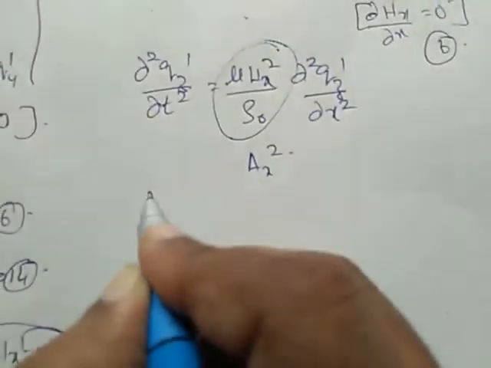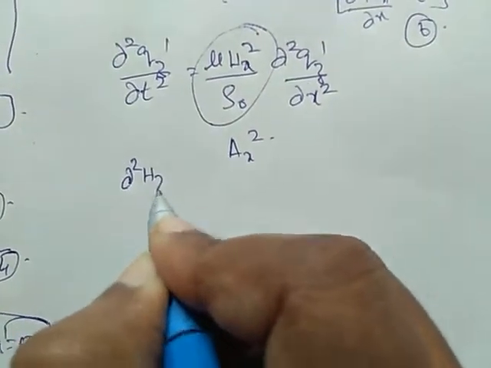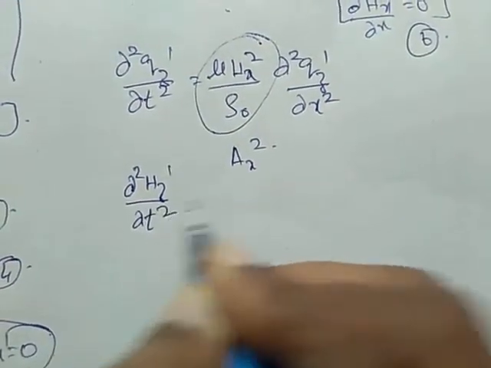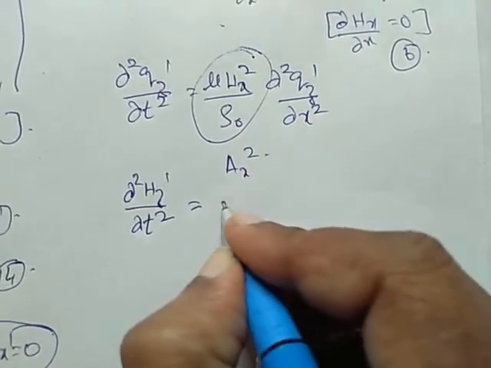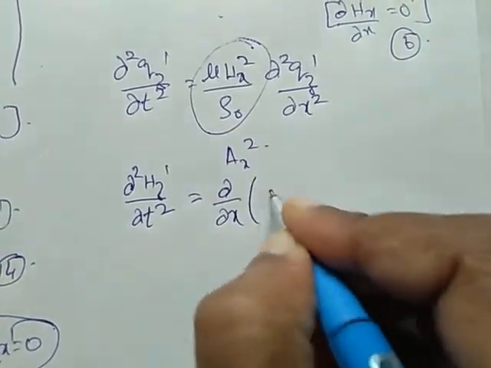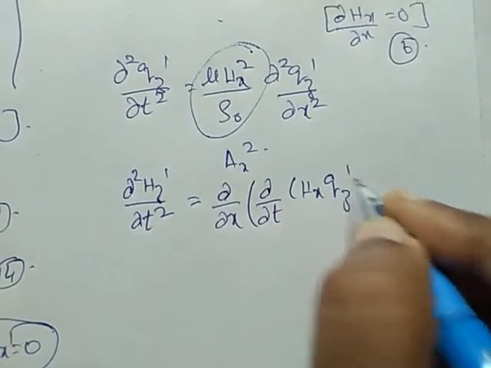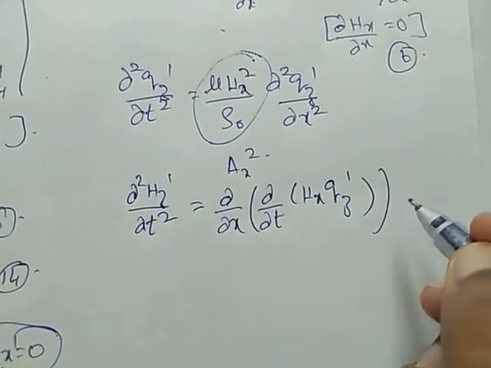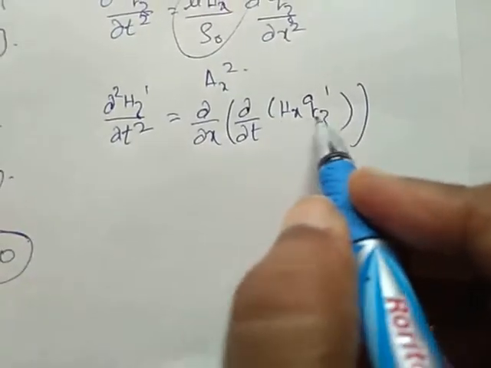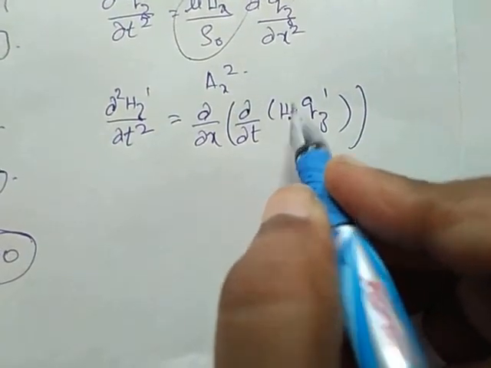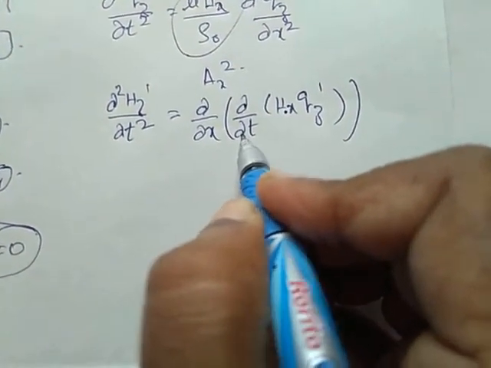So we have ∂²Hz'/∂t² equal to ∂/∂x of ∂/∂t of Hx q_z'.